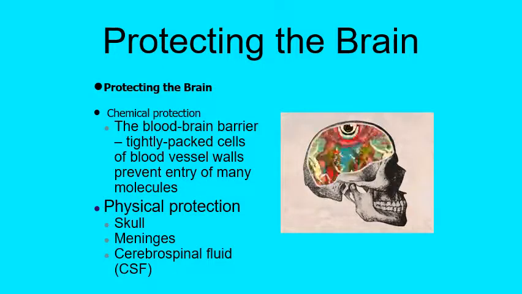A normal blood vessel, one not found in the brain, has walls that are not as tightly packed as in the brain. Because of the tightly packed walls of the blood vessels, the brain is protected from the passage of many toxic substances. A separate discussion of the blood-brain barrier is in a separate video in this module, so be sure to check that out as well.